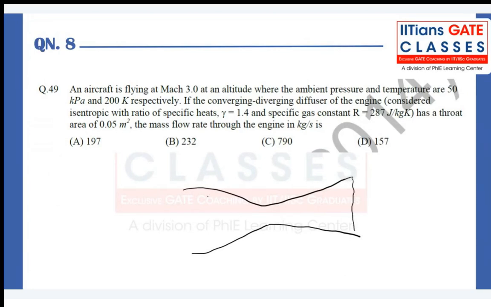So this is my entry section where the incoming flow has Mach number Mi as 3 and the ambient conditions are Ta is 200 Kelvin and pressure is 50 kilopascal. Okay, what else is given? The throat area is given, the area at the throat. So that is 0.05 meter square.